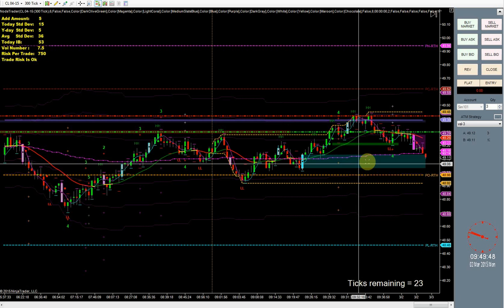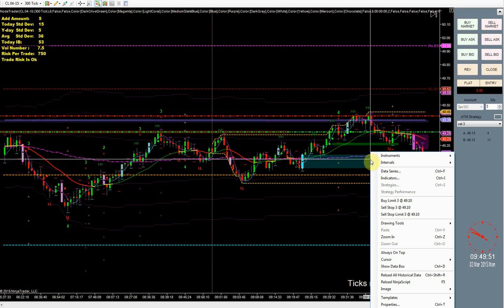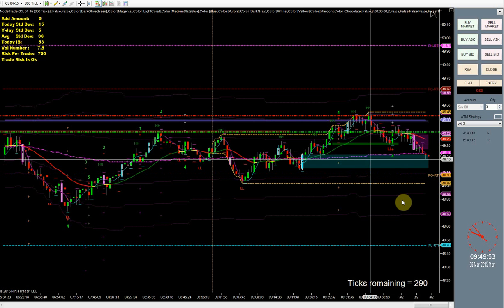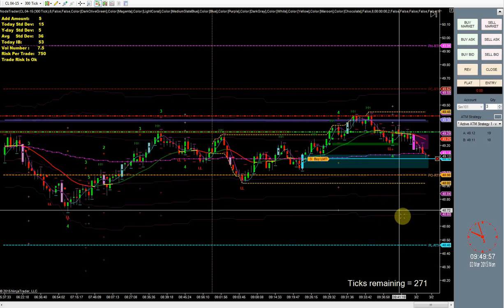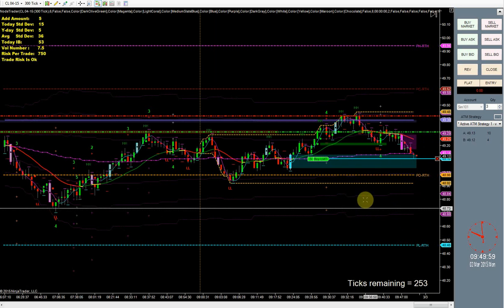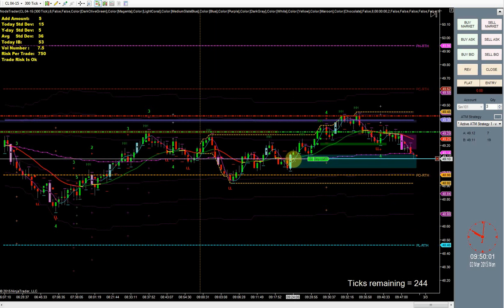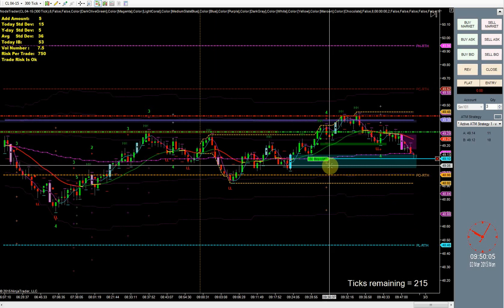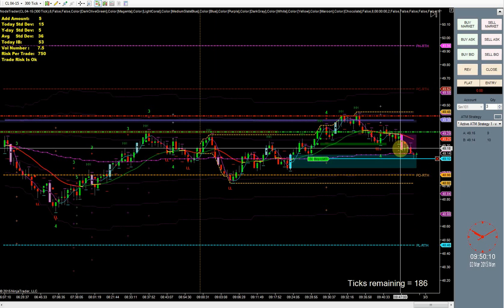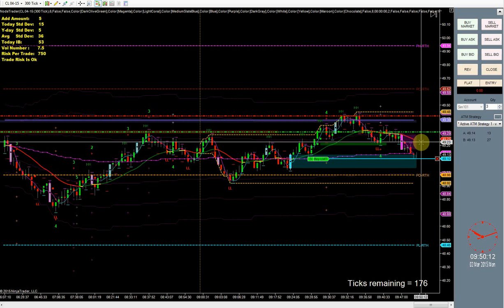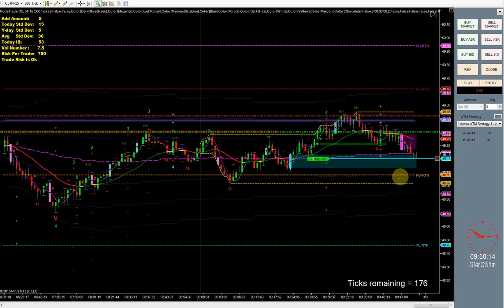Alright folks, let's see if we can try something here. Buying the limit. Order pending. As you can see, we have this low volume node right here, and we have this buying zone right here. We do have a selling zone and a selling low volume node, but we should be able to take a profit here.